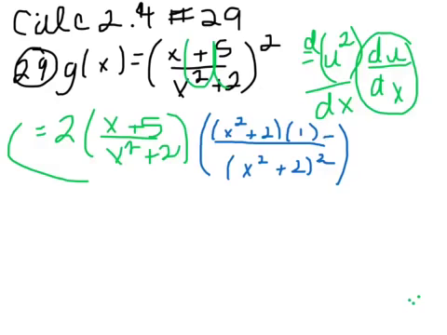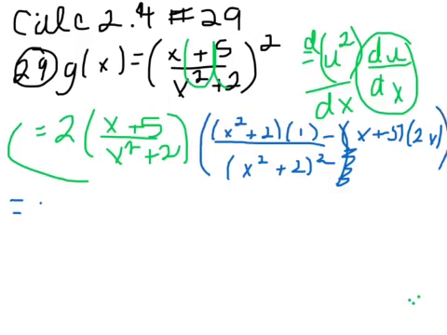And then we subtract high, the function on top, x plus 5 in the numerator, times the derivative of the denominator, which would just be 2x. Okay, so my derivative is all this stuff.